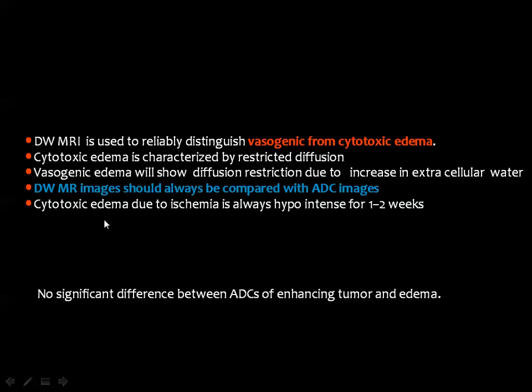Then on diffusion weighted images, we should look at the ADC map in order to know whether the high signal in the diffusion weighted images is due to restriction or due to T2 shine-through.